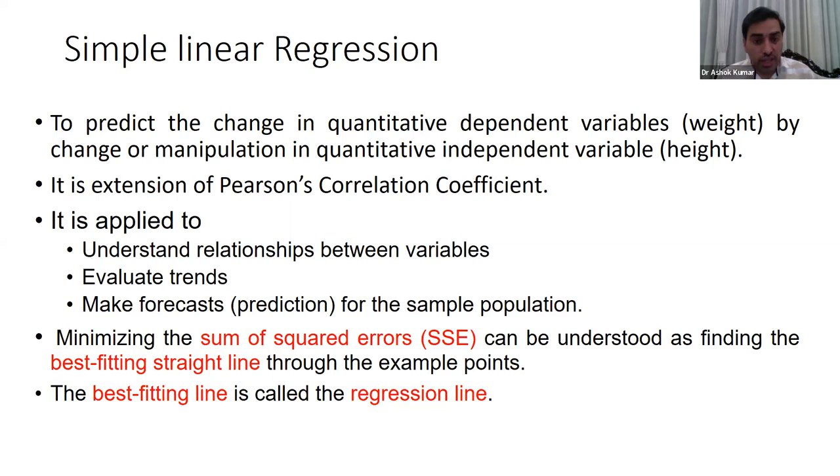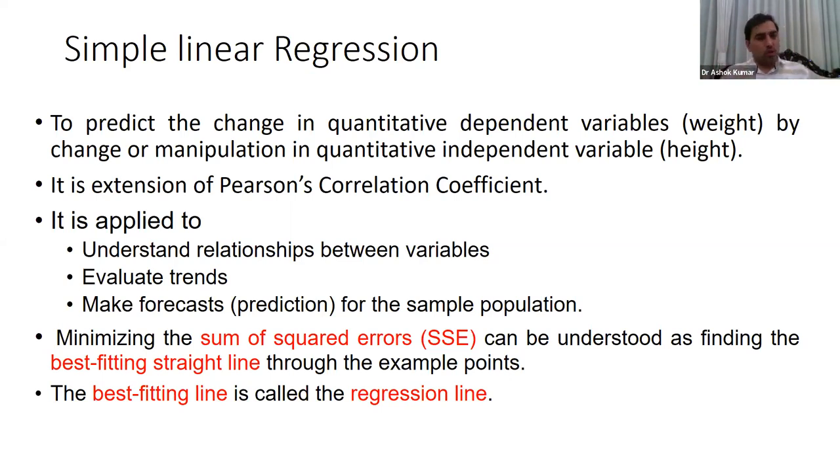To predict the change in a quantitative dependent variable, weight, by change or manipulation in a quantitative independent variable, height, first we have to do correlation, and if the correlation is significant, then we can do linear regression. It is for the prediction of a quantitative dependent variable due to change or manipulation in the independent variable.